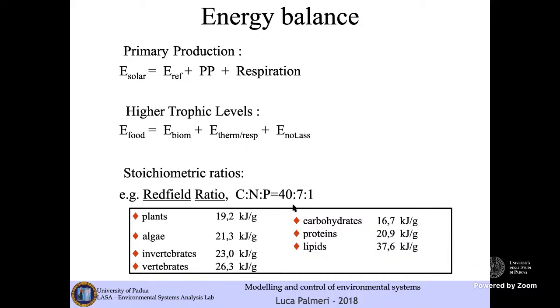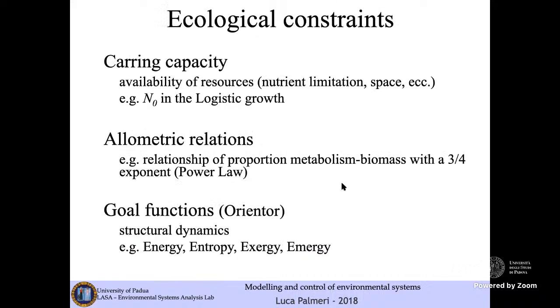But we may also distinguish the energy contents in terms of the different types of organic molecules. We may, for example, subdivide organic molecules into carbohydrates, proteins, and lipids. And as I told you already, carbohydrates have a lower energy content than lipids, and this is something that we all know.